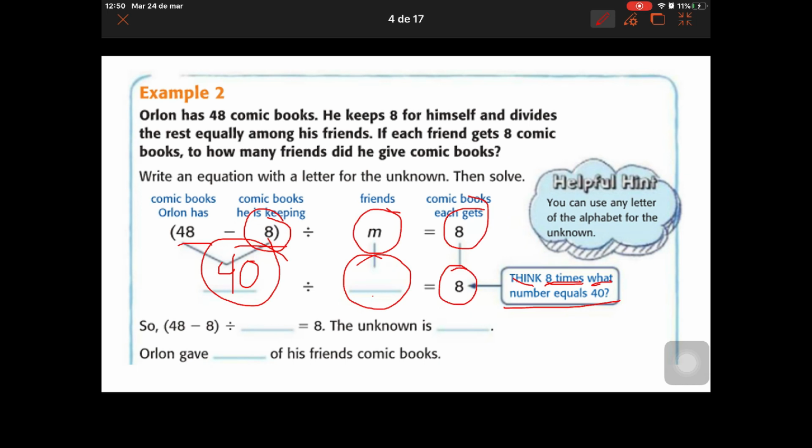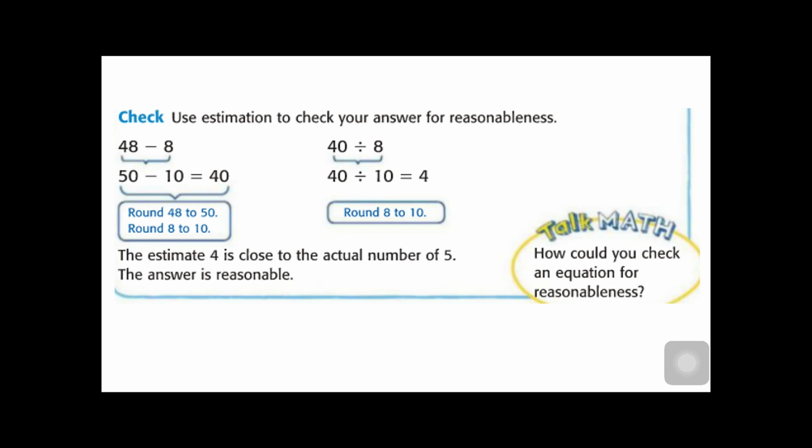So if 48 minus 8 is 40, then all of that we divide by what to equal 8? It's 5. So the unknown is 5. Orlan gave 5 of his friends comic books. Okay, very good. The next one.